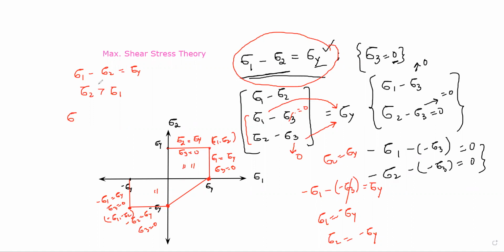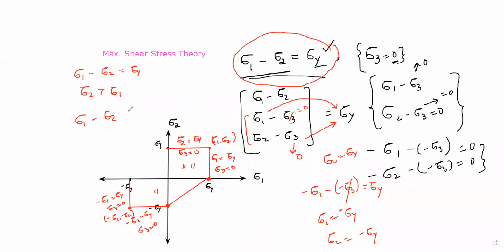Or I can write it like this, let me clean it. This term will be negative, that is sigma 1 minus sigma 2 or plus sigma 2, because this sigma 2 is greater than sigma 1. So let me redraw this.